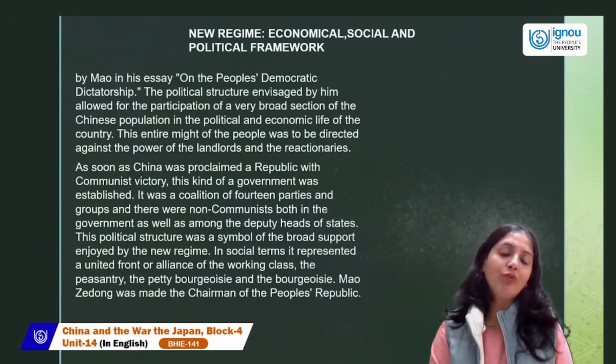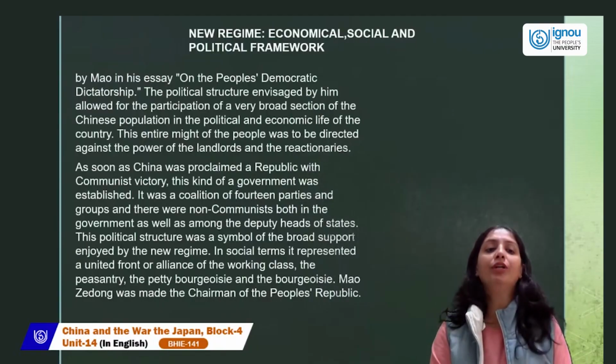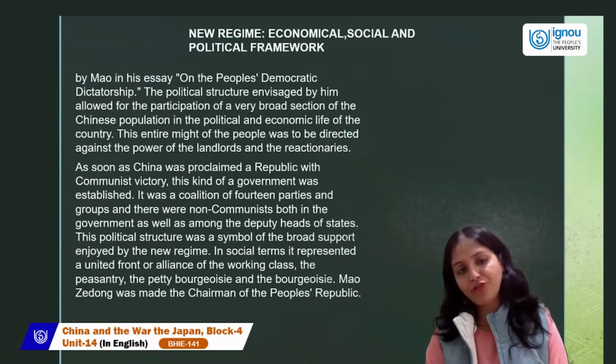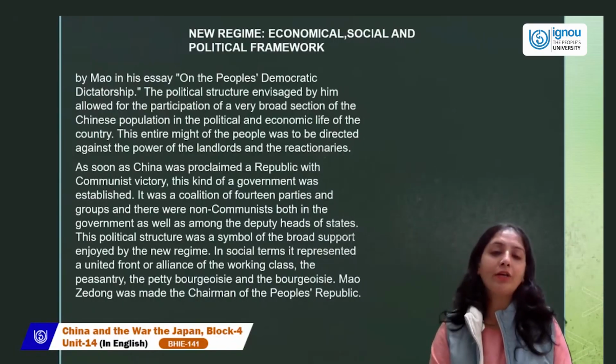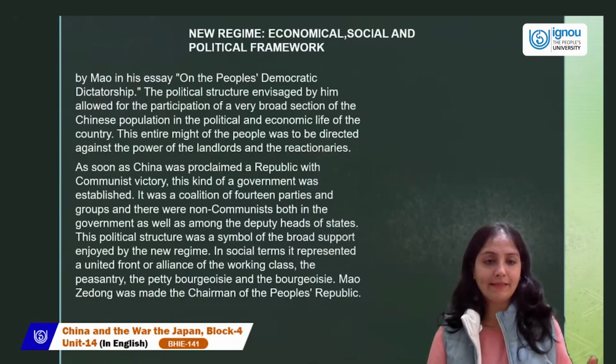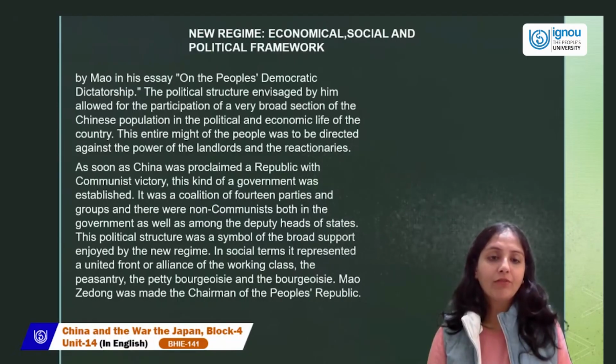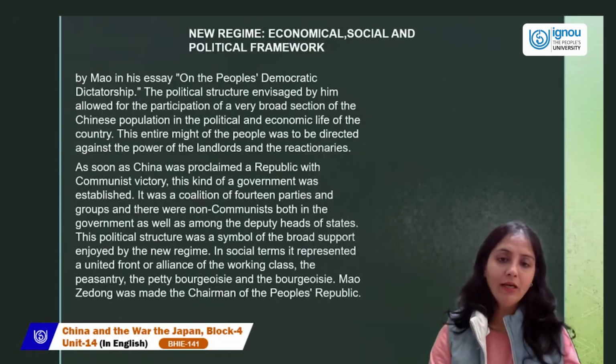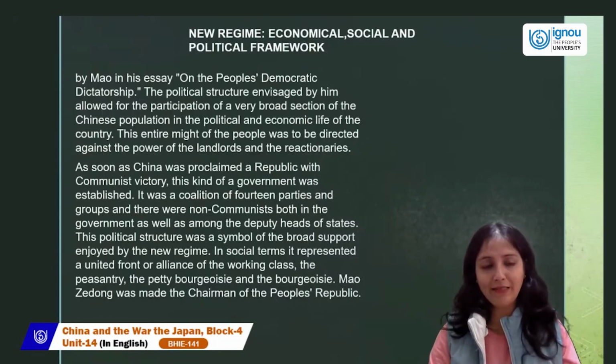As soon as China was proclaimed a republic with communist victory, this kind of a government was established. It was a coalition of 14 parties and groups. There were non-communists both in the government as well as among the deputy heads of state.